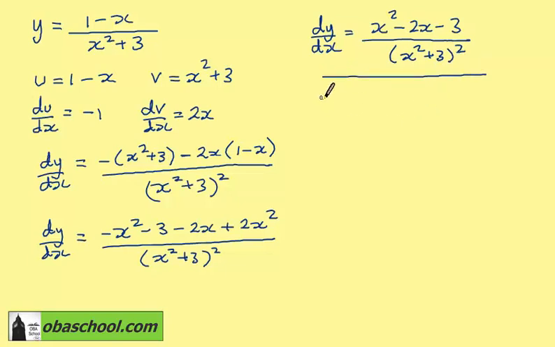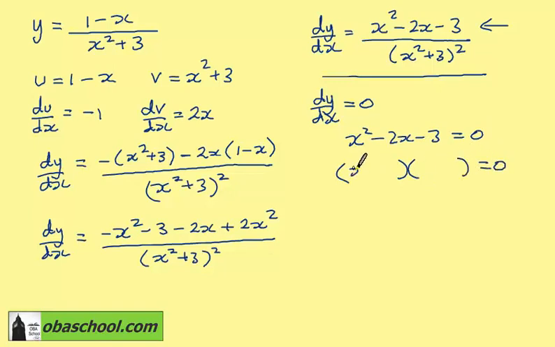If we want turning points, we need dy/dx to be equal to 0. That means the numerator needs to be 0, so x squared minus 2x minus 3 is equal to 0. This quadratic factorizes, so we get (x minus 3)(x plus 1), so x equals 3, or x is minus 1.